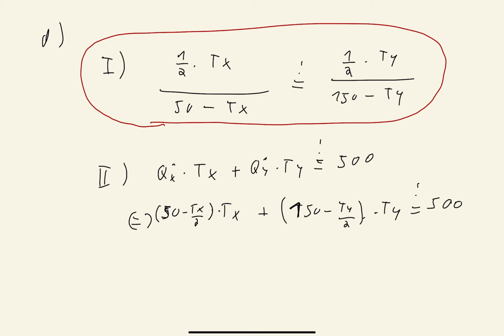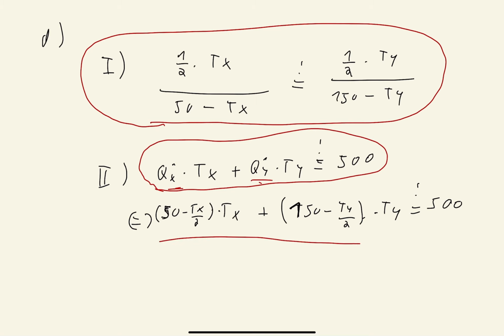And then the second condition is telling us how much we should actually tax in order to raise a particular amount of tax revenue. Now if we plug in the corresponding values here, we end up with this equation, which depends on Tx and Ty. So what we have is a system of two equations.